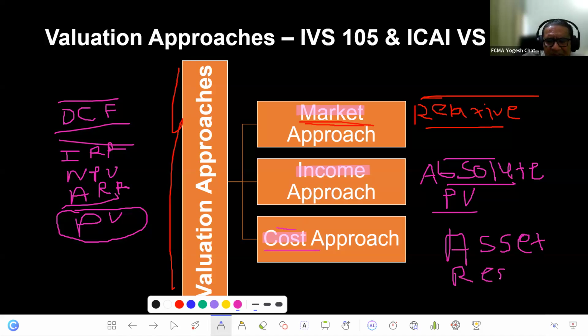In other words, whenever it is not feasible to derive a value going by the income and market approach, or wherever the valuer intends to cross-check the value arrived at either through the market or income approach, the cost approach will be used for determining the value. So cost approach is residual in nature, and it is also known as the asset approach.